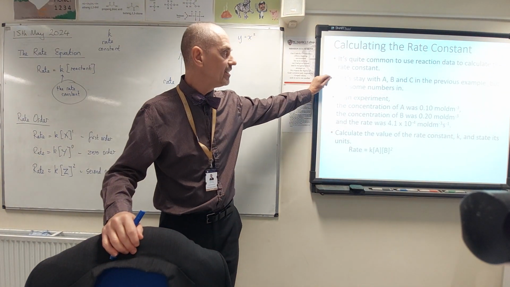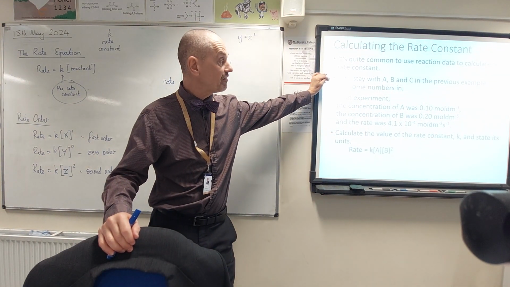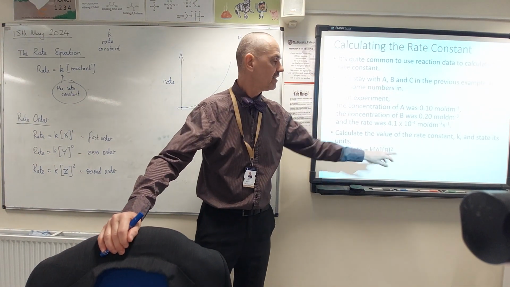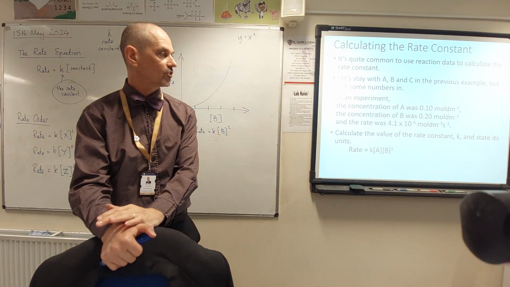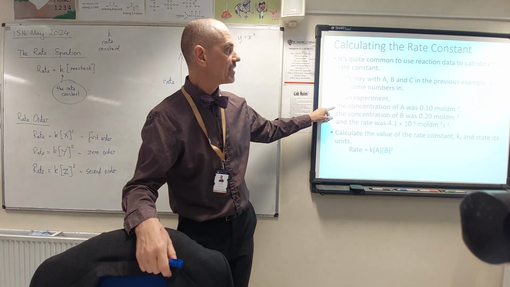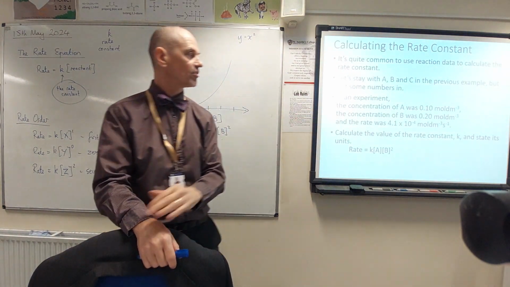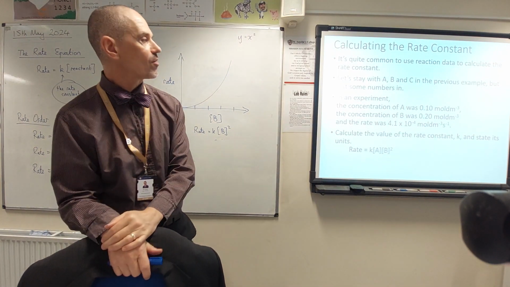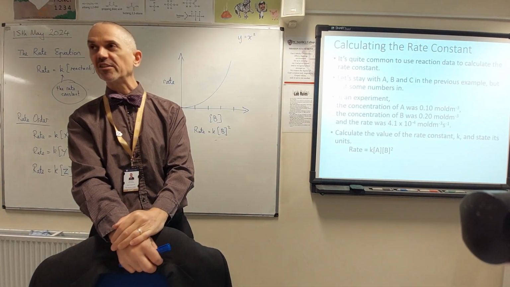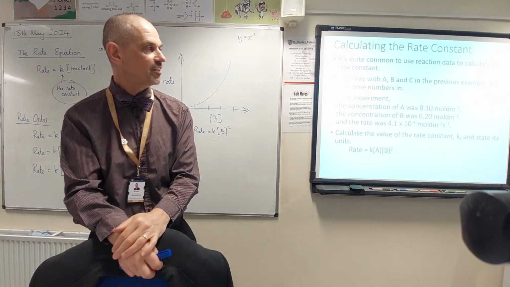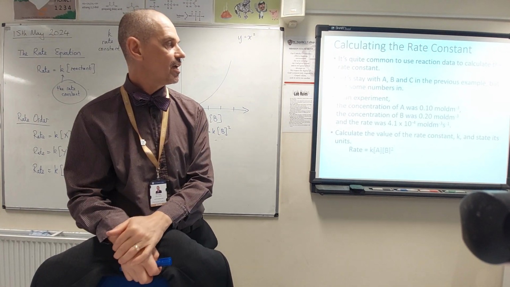We'll stay with the A, B, and C from the previous example. So rate equals K times concentration of A, concentration of B squared. Let's have a concentration of A of 0.1 and a concentration of B of 0.2, and a rate which is 4.1 times 10 to the minus 4. Notice the units, mole per dm cubed per second.